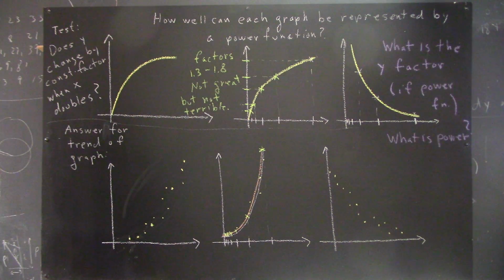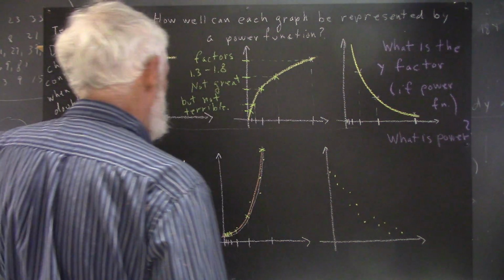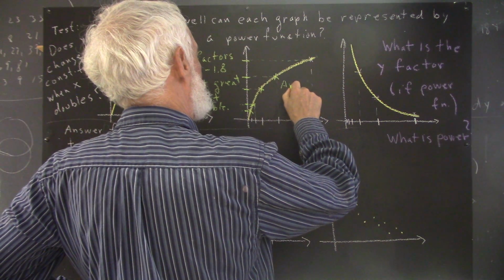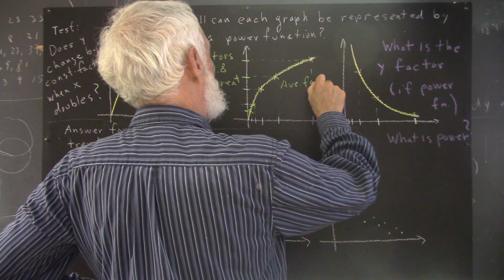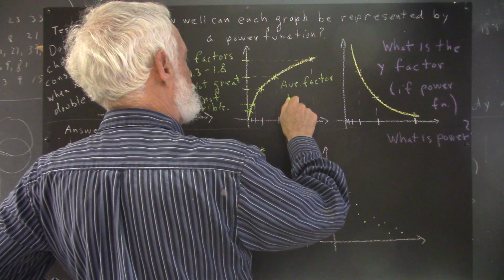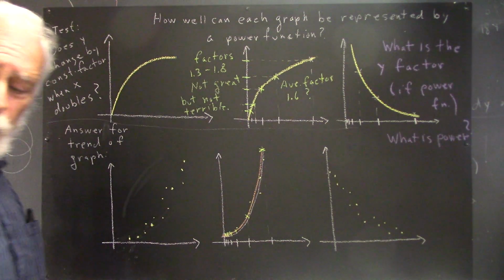Okay, so I'm going to say average factor is around, I'll just average the 1.3 and the 1.8, saying 1.55. And actually I'm going to round that up and call it maybe 1.6.